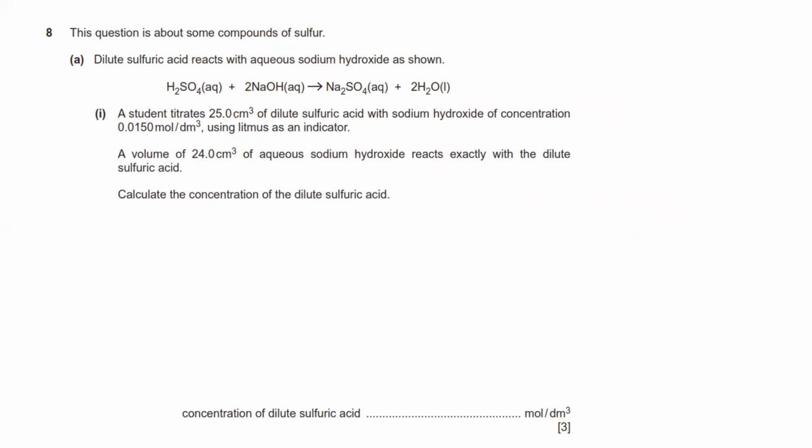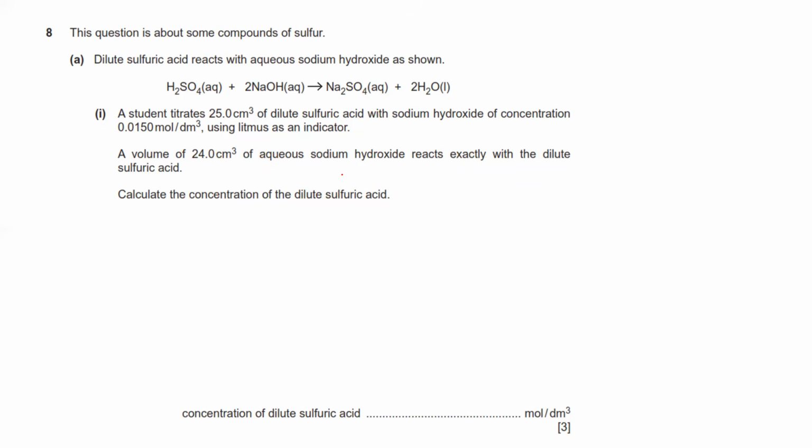A student titrates 25 cm³ of dilute sulfuric acid with sodium hydroxide of concentration 0.015 mol per dm³, using litmus as an indicator. A volume of 24 cm³ of sodium hydroxide reacts exactly with the dilute sulfuric acid. Calculate the concentration of dilute sulfuric acid. So now we have to find out the concentration of dilute sulfuric acid.